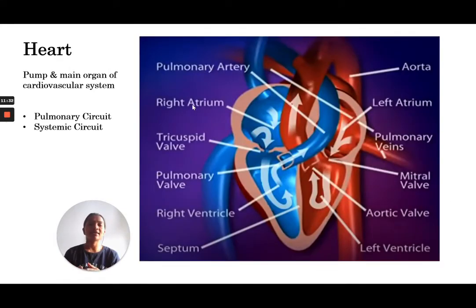The heart makes beats, that is heartbeats. Usually the heart makes 60 to 100 beats per minute, and with each heartbeat, the heart sends blood all over the body.